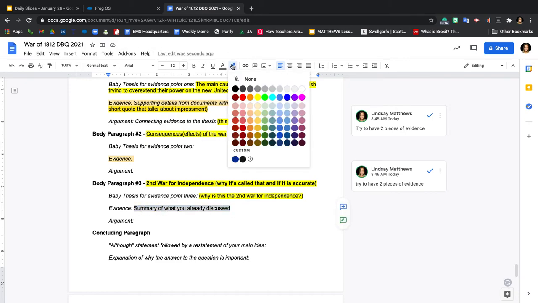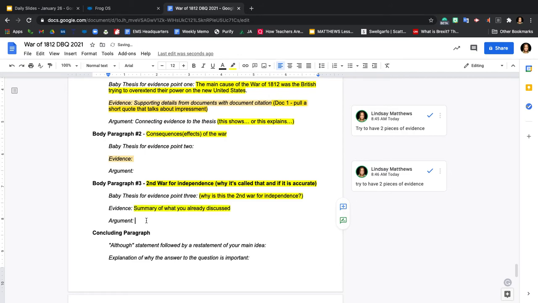And then with that, you would have your argument of how your evidence makes this war like a second fight for independence.